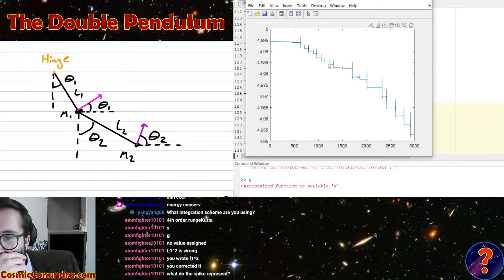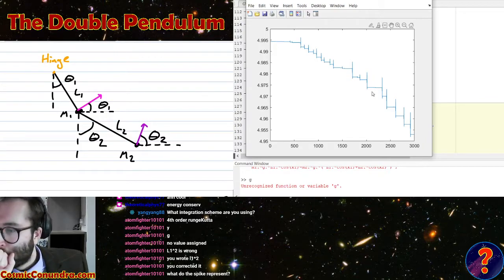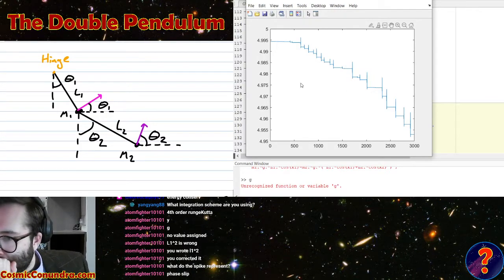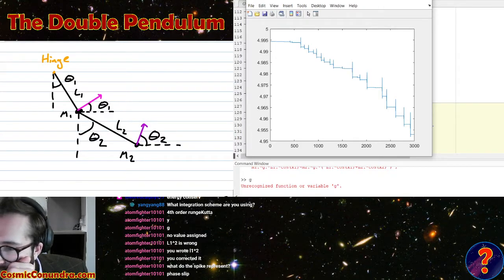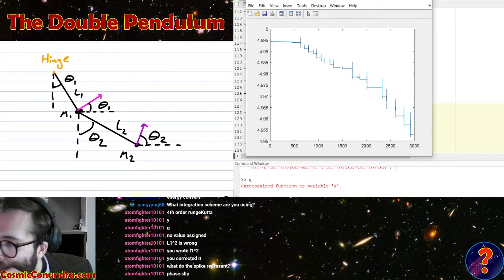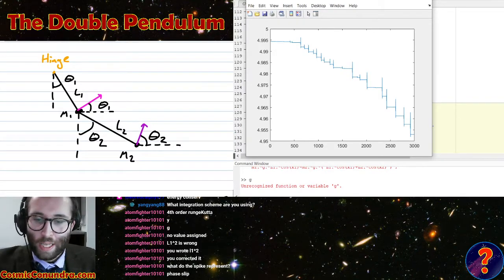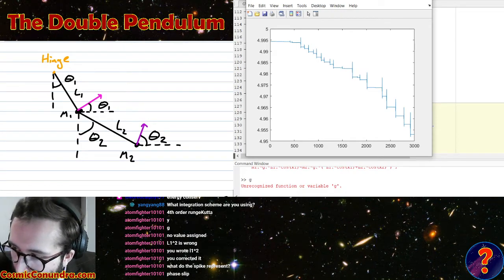What does the spike represent? I was just wondering that actually. It seems to plateau and then it spikes, which is quite interesting. Why would it do that? A phase slip? What do you mean, a phase slip? As in an error from it not doing the angle mod 2 pi?